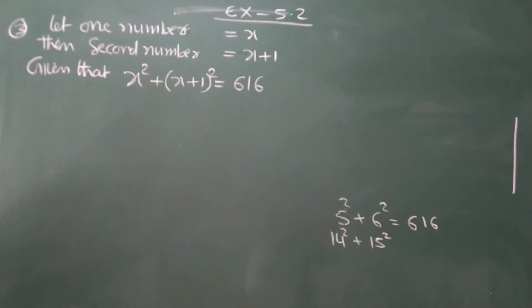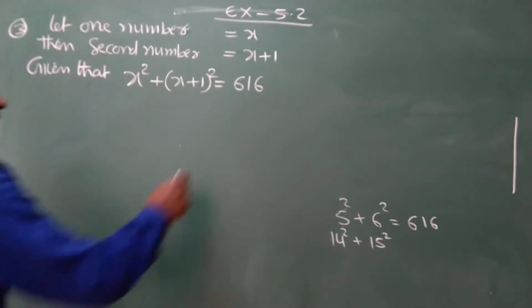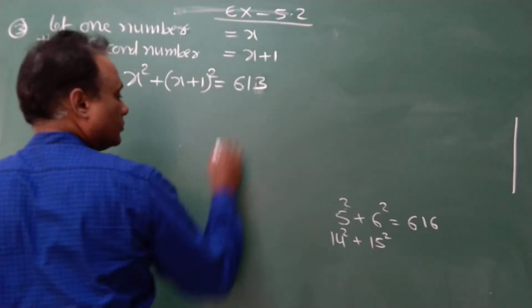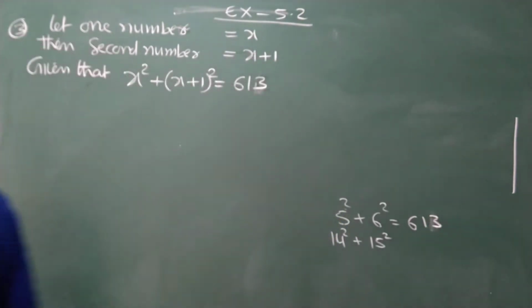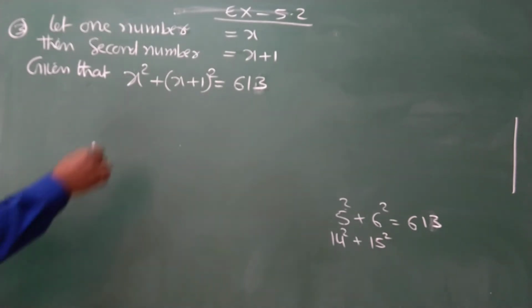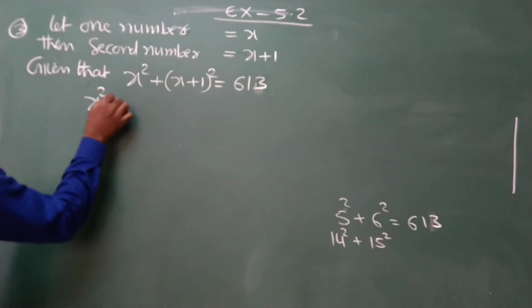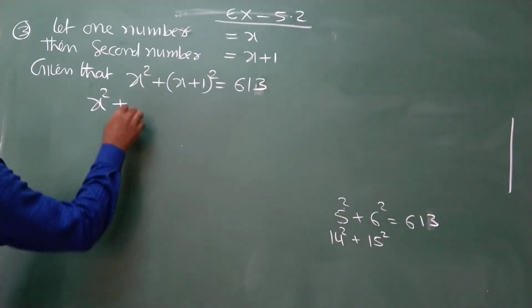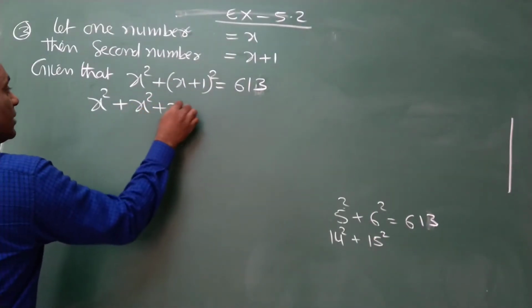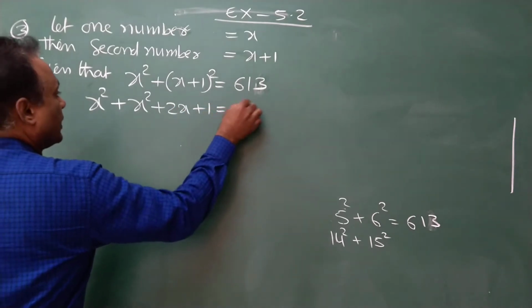Now students, simplify this and get x. Students, x square plus a plus b whole square is a square plus 2ab plus b square.